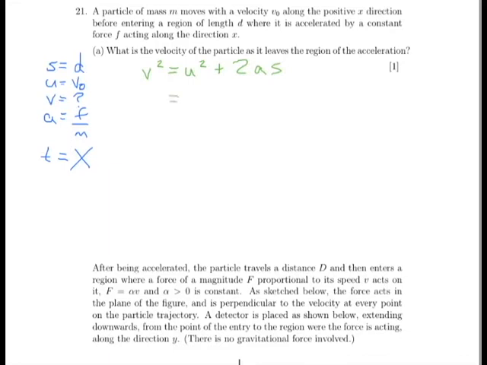So let's plug in the values we know here. u squared is going to become v0 squared plus 2 times F over m times d, which means that v is going to be equal to the square root of all of that. So that's the square root of v0 squared plus 2Fd over m.